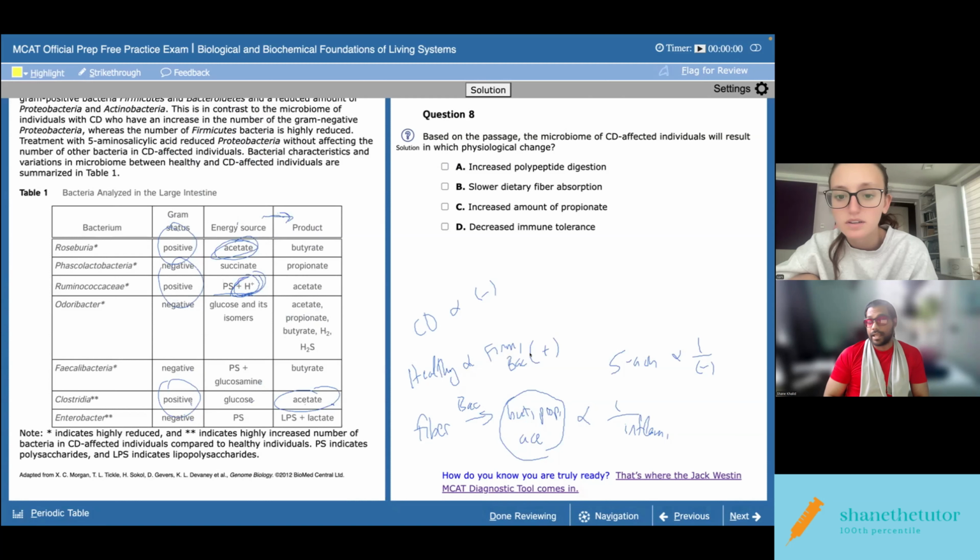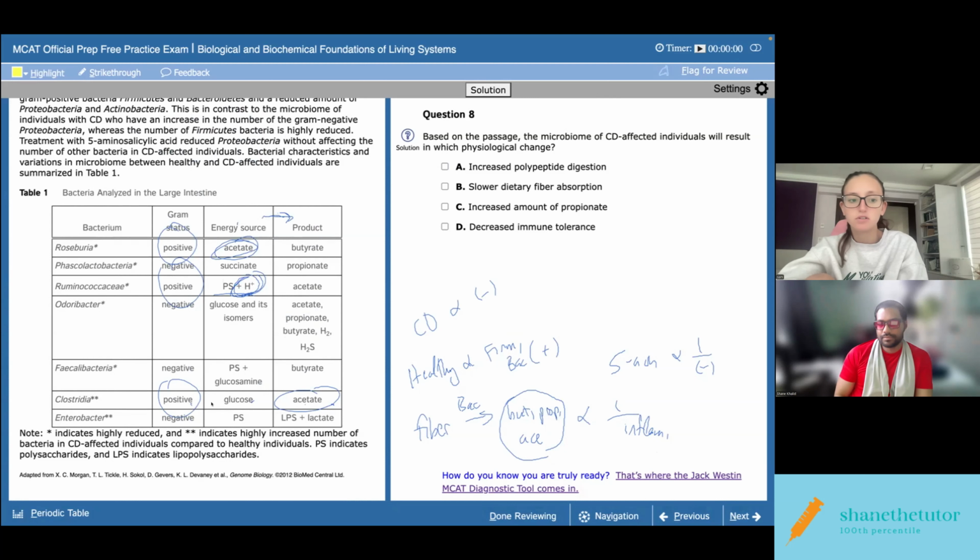Inversely proportional to inflammation. So the more of this there is, the less of that. But also just from looking at the passage, you can see propionate isn't on the table anywhere for CD. So C's wrong. B's wrong. Increased polypeptide digestion.